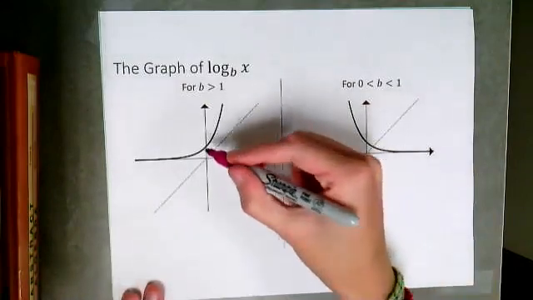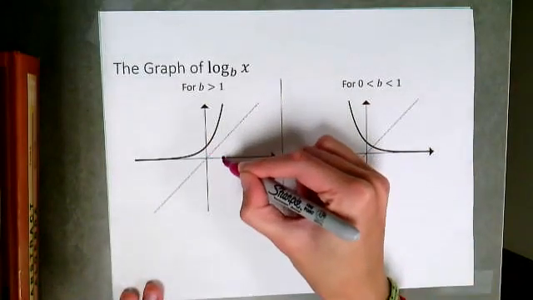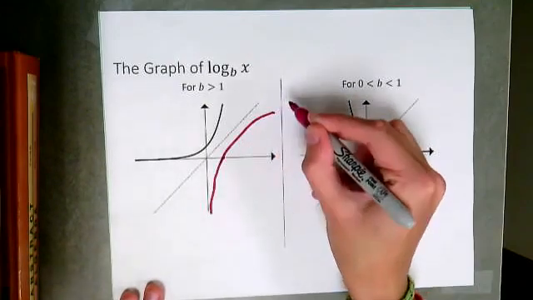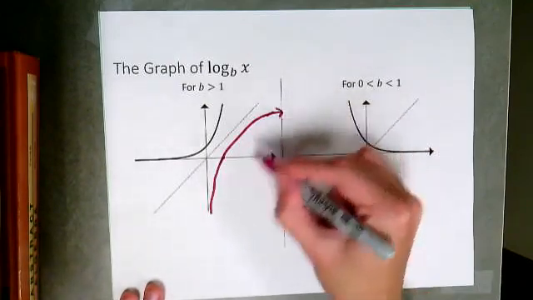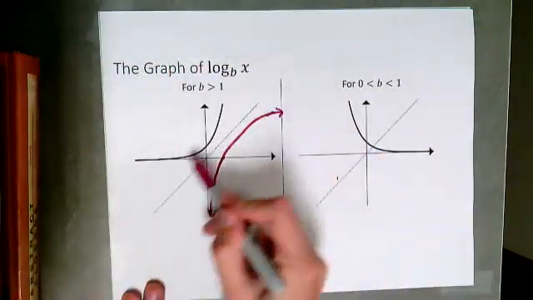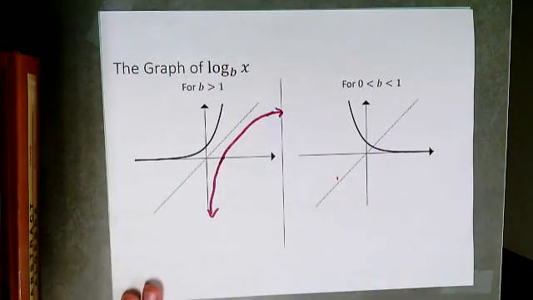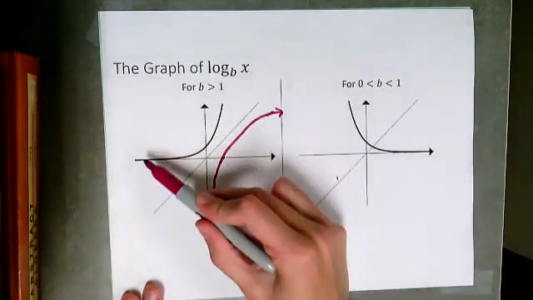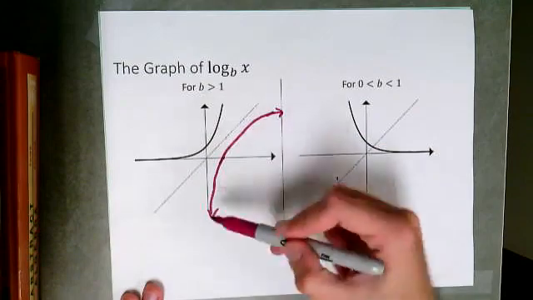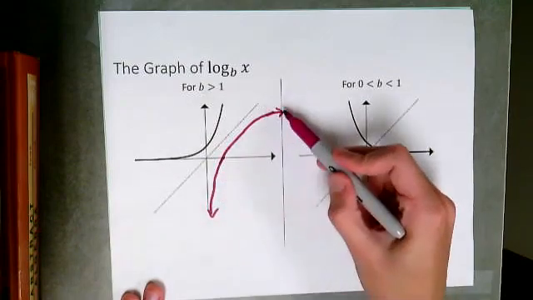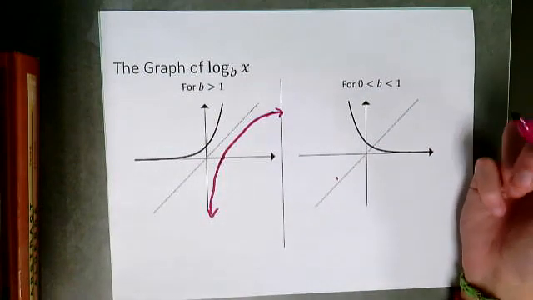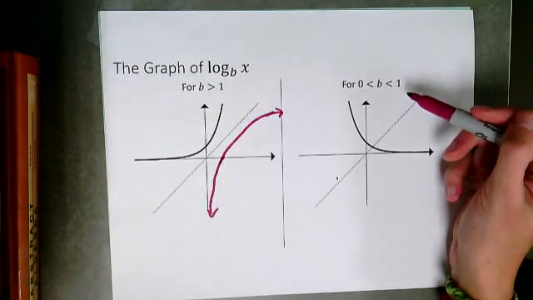Our logarithm function is going to look like that, roughly, right? It's the mirror image of our exponential because they're inverses of each other. So for an increasing exponential function, we get this as our logarithm function, log base b of x for b bigger than 1.